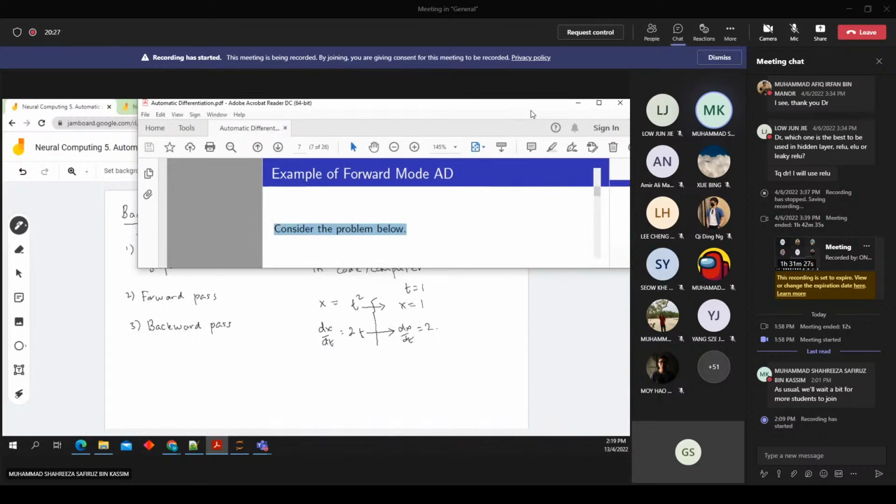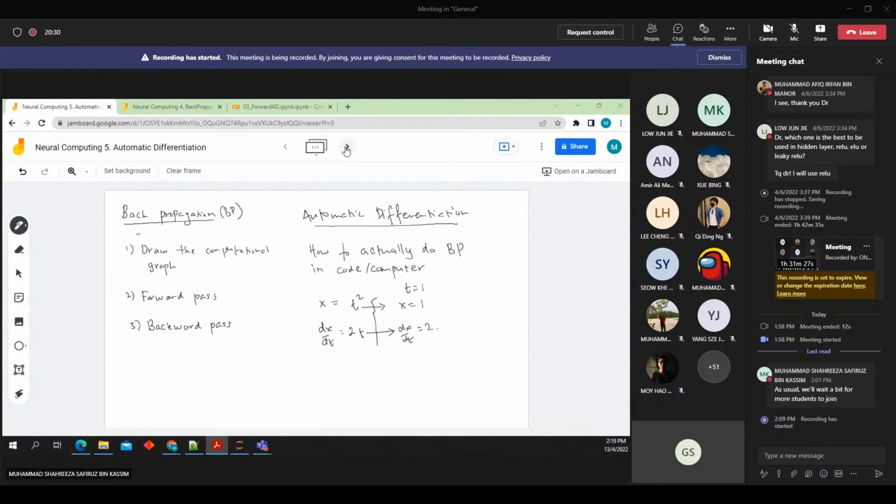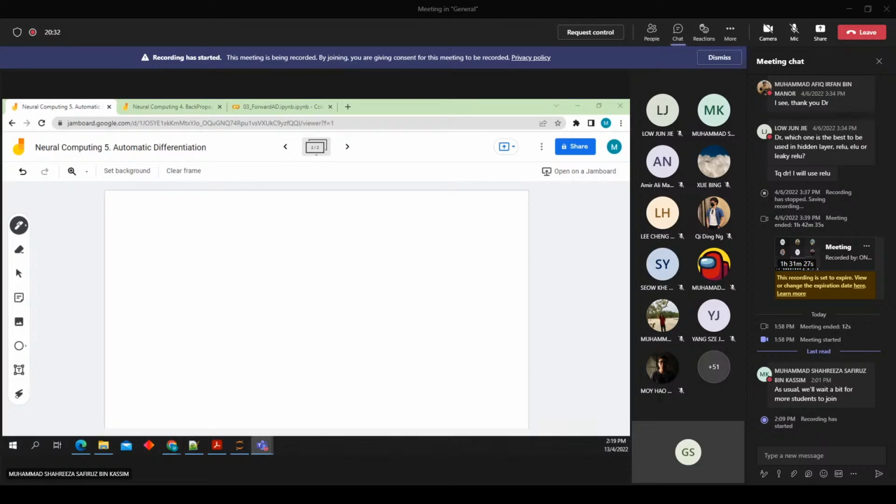So I'm just going to draw it here. x equals something, y equals something as well. b is a sine of x, and a is the multiplication of x times y, and z is a plus b.